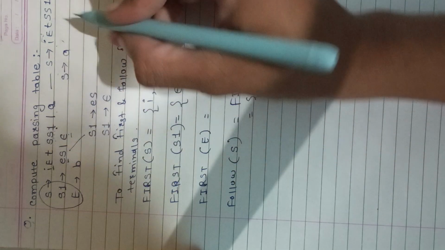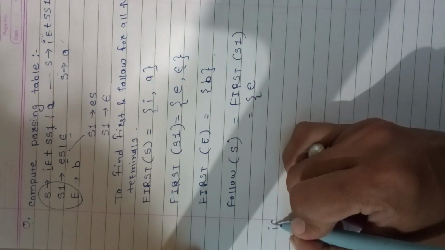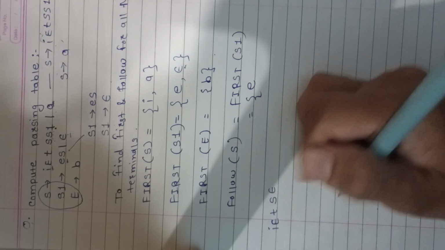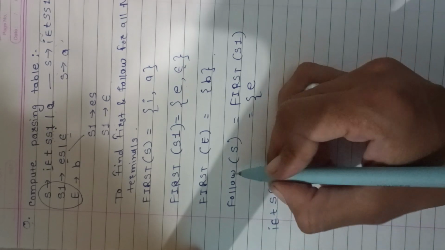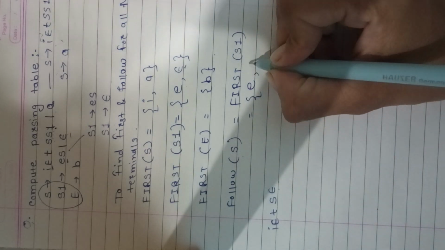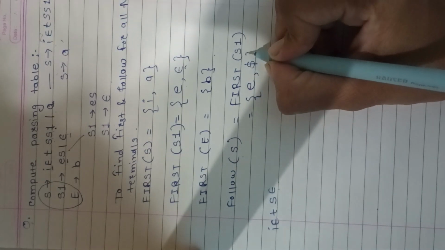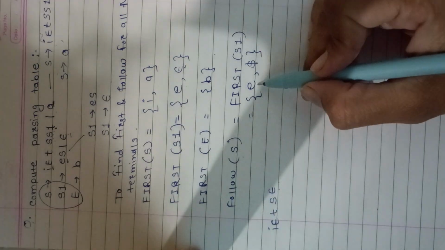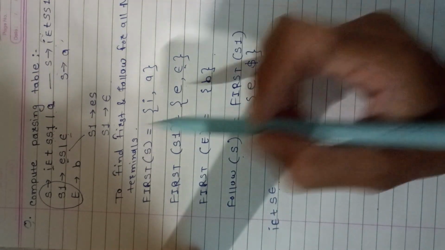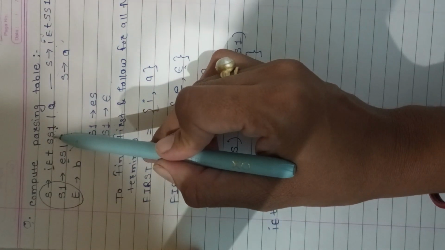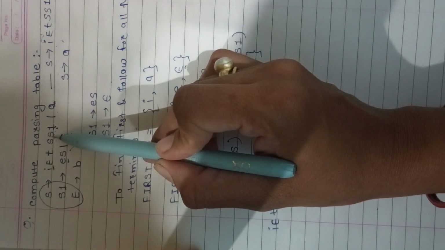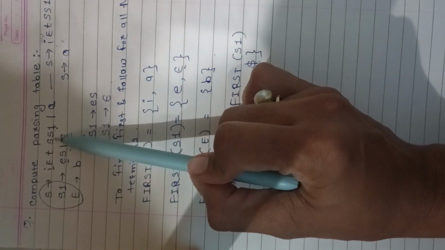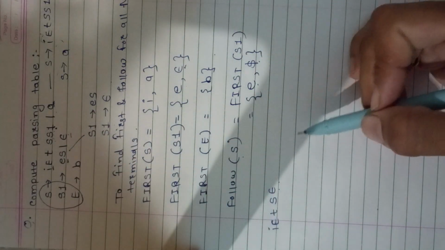That gives i, e, t, S and epsilon. It means that follow of S can be written as dollar, e and dollar, that is the first of S1 and the follow of S. Understood?